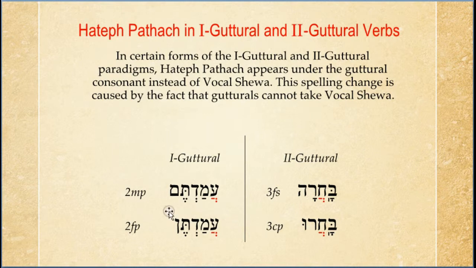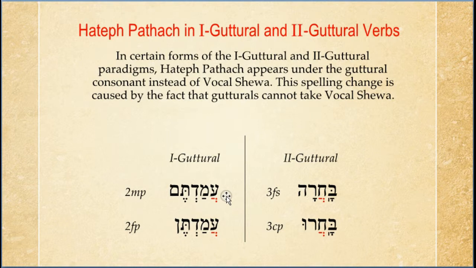As you can see with the first position guttural, we have the verb amad, to stand, so amadtem. What you see here is the chataf patach instead of a shva.